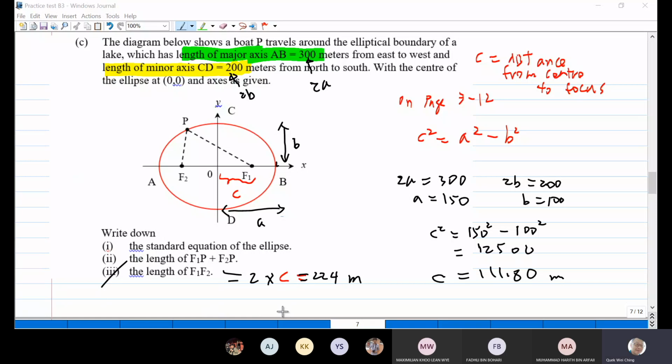So I have finished B3 for you already. Look at the exam format I told you. The B1 I did for you already, B2 I did for you, B3 also I did for you already.